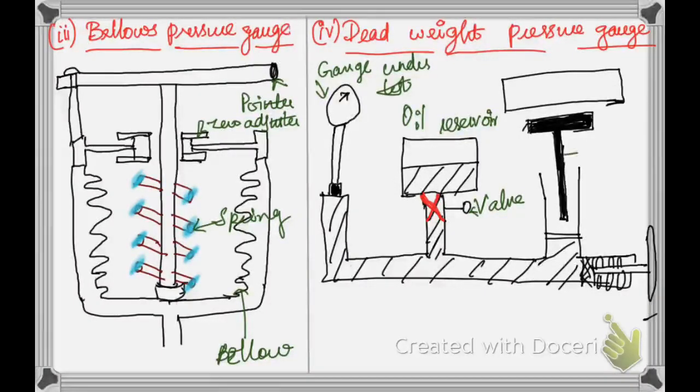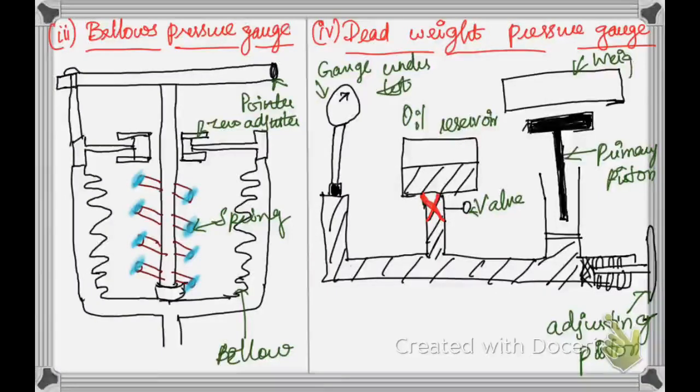And I will have one primary piston here, and this is going to be my adjusting piston. So I can even adjust the piston to develop a pressure, and this will be my weight. Okay, so the oil pressure will start increasing in all the areas, including the piston cylinder arrangement, above which you are mounting your dead weight.